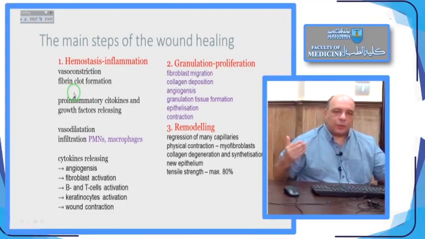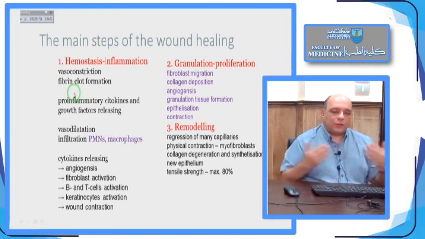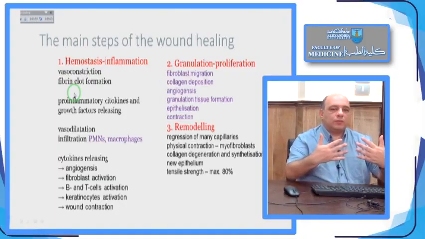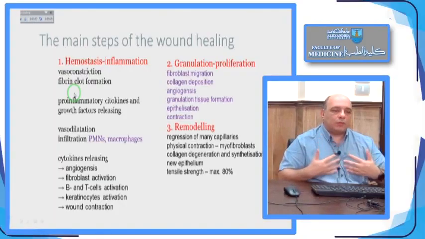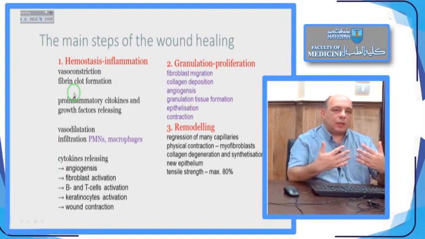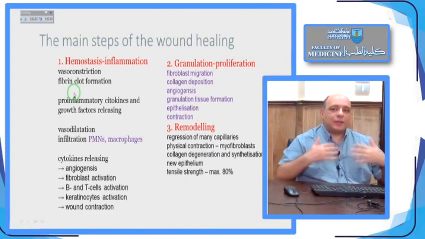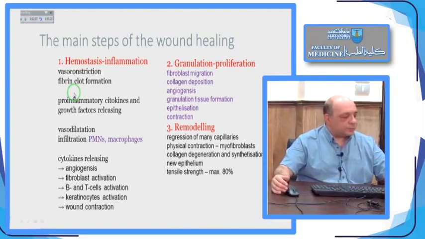Your wall is broken, you have a wound, you are exposed to external hazards, bacteria, infection, whatever. So who will come and close this gap? Who will come and protect you from the outside enemies? Our soldiers, the macrophages. So the first function for these macrophages is to protect the body against bacterial invasion of this wound.